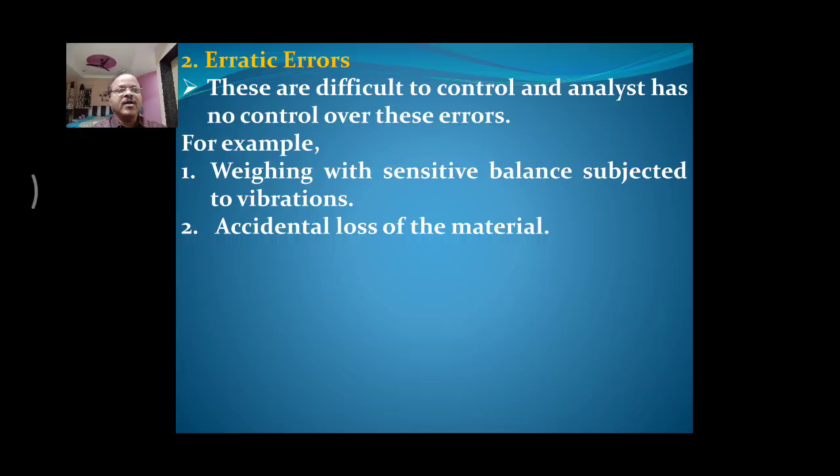For example, weighing with a sensitive balance subjected to vibrations. Even if we use a very sensitive balance, because of some vibration, that balance shows variations in the reading, and this causes erratic errors.